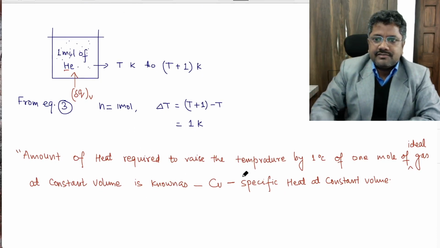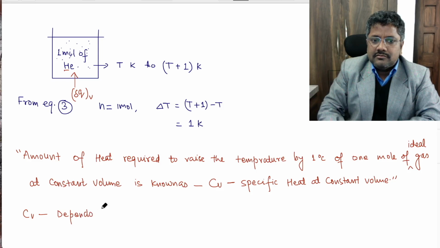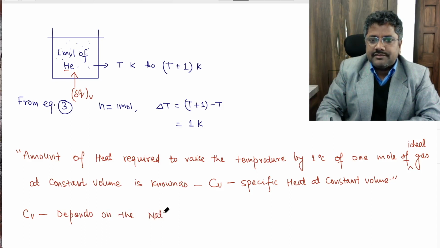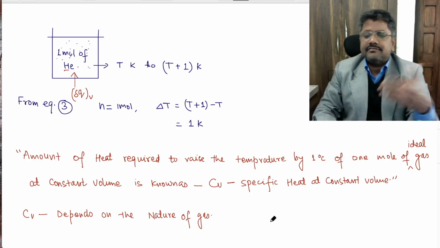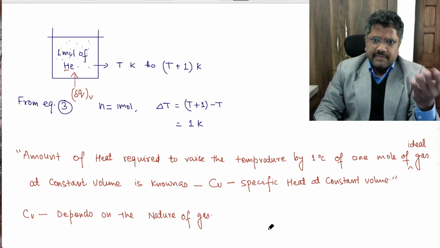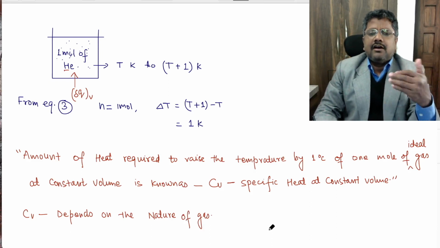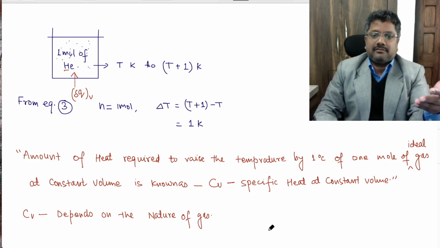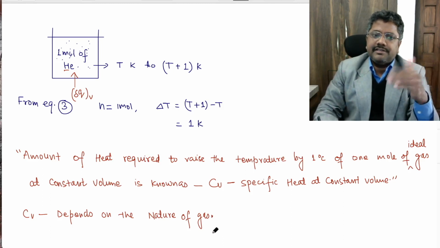So this is the definition of CV, and this CV depends on the nature of gas. Means for gas to gas it is different, and in the beginning of heat capacity or specific heat, I have already told you that it depends on the nature of the matter, right? If you take iron in place of aluminium, then heat capacity or specific heat is different.